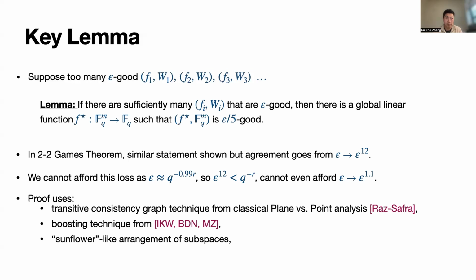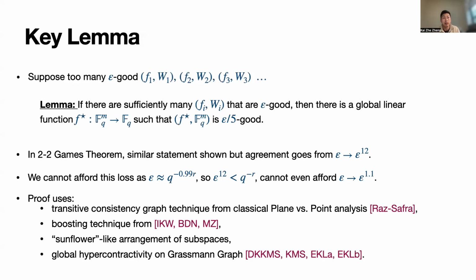We also use some facts about this sunflower-like arrangement of subspaces. And finally, we use global hypercontractivity on the Grassmann graph. So again, showing this lemma on the slide is really where a lot of the effort of our paper goes.